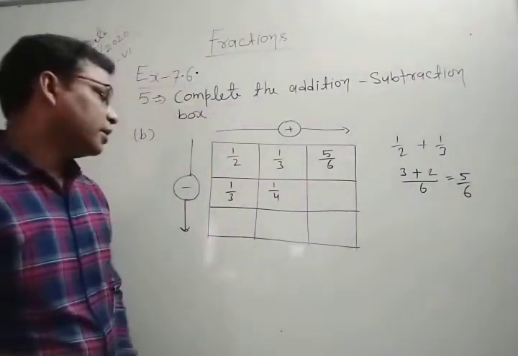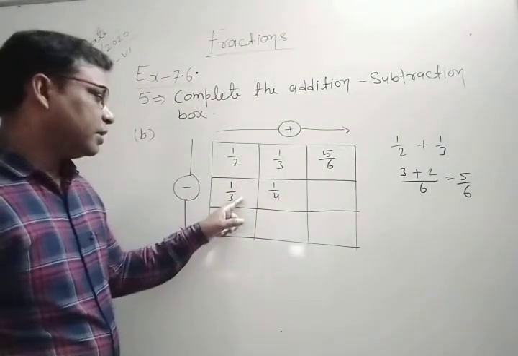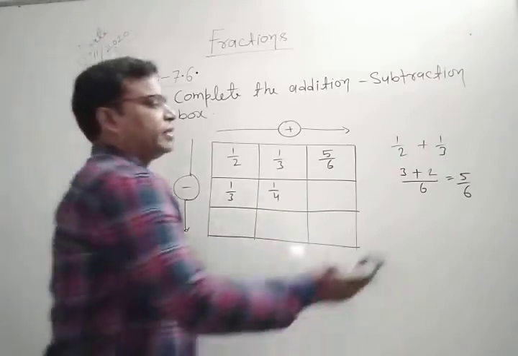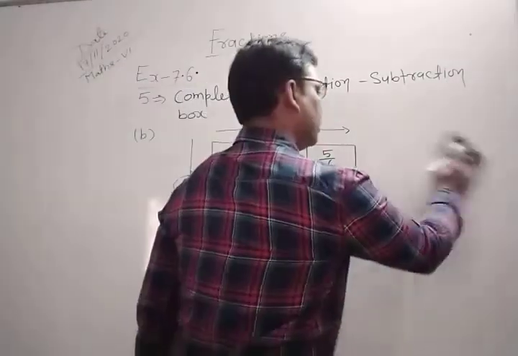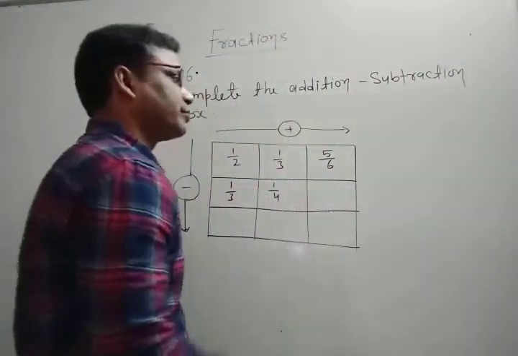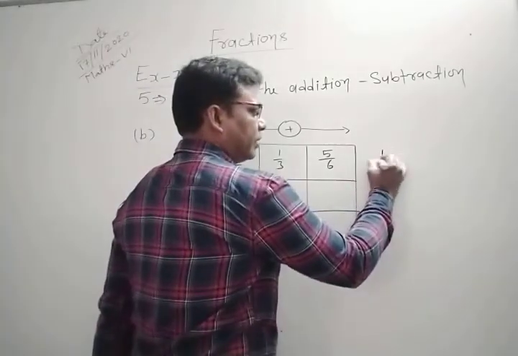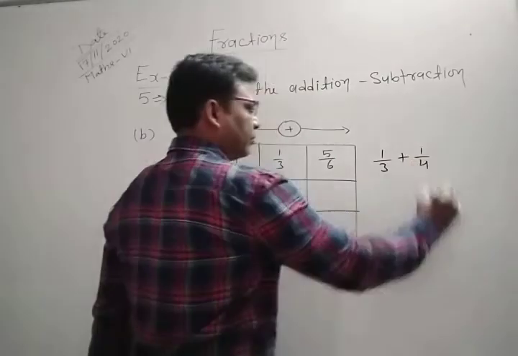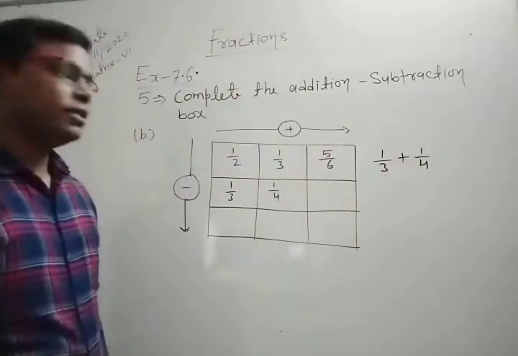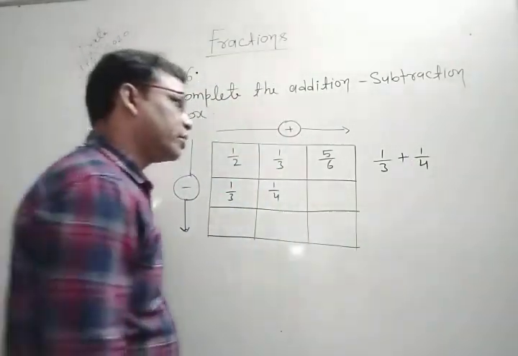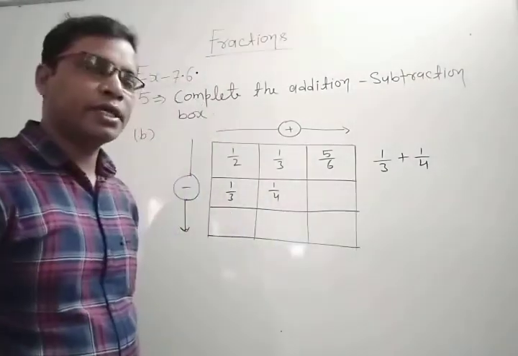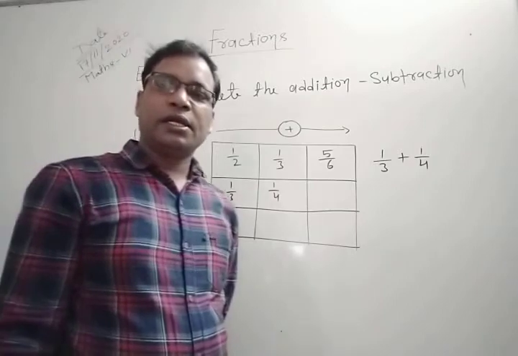Now again here, 1 by 3 plus 1 by 4, this is equal to what? Here also you can see both are unlike fractions because their denominators are different.